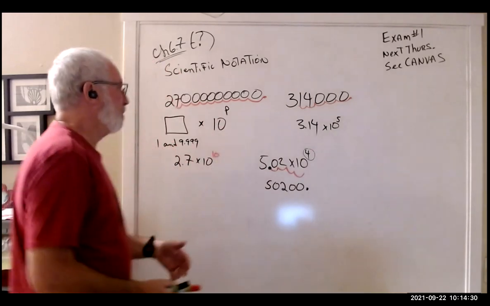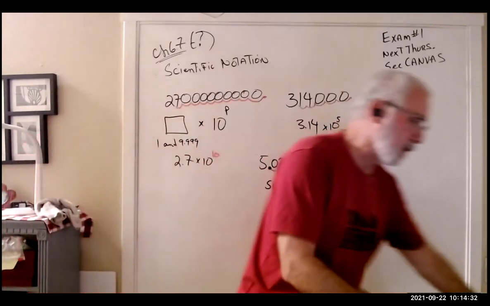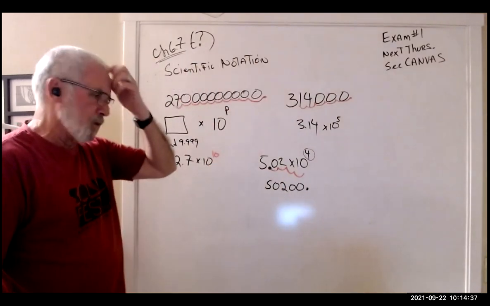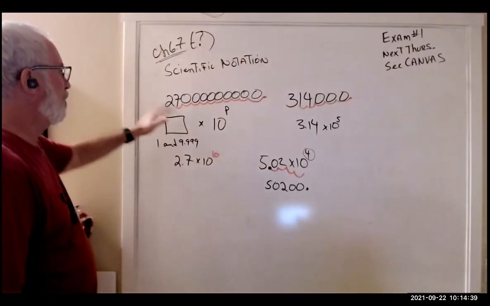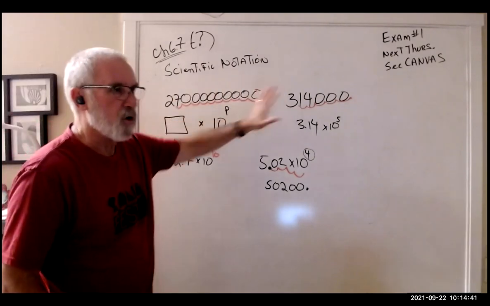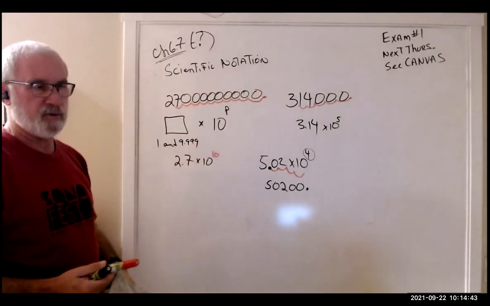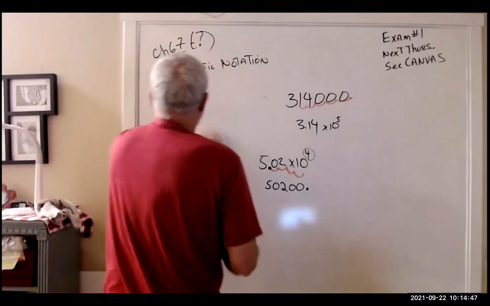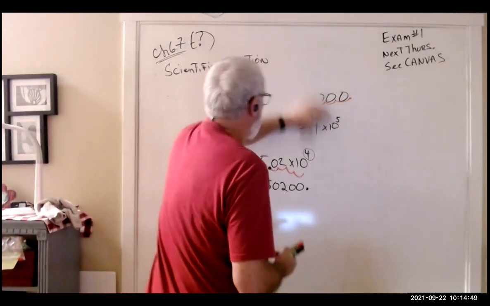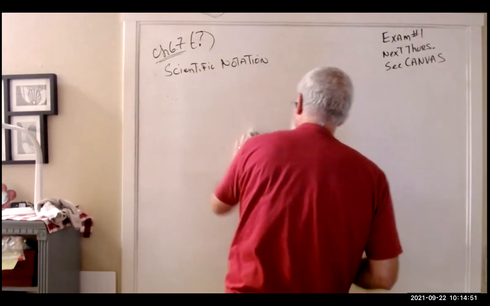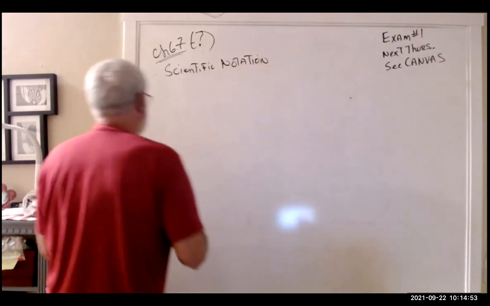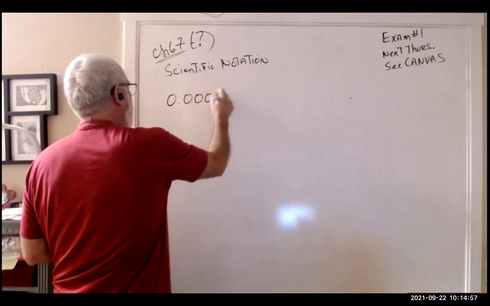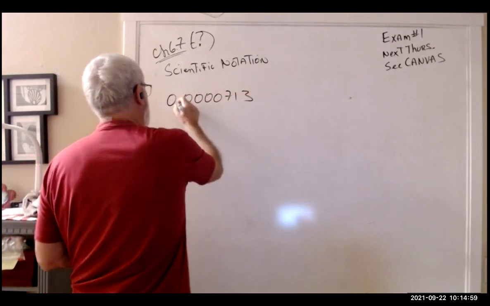And that brings up the next issue. What about little tiny numbers? See, scientific notation was invented to deal with really big numbers or really tiny numbers. Example: 0.0000713.